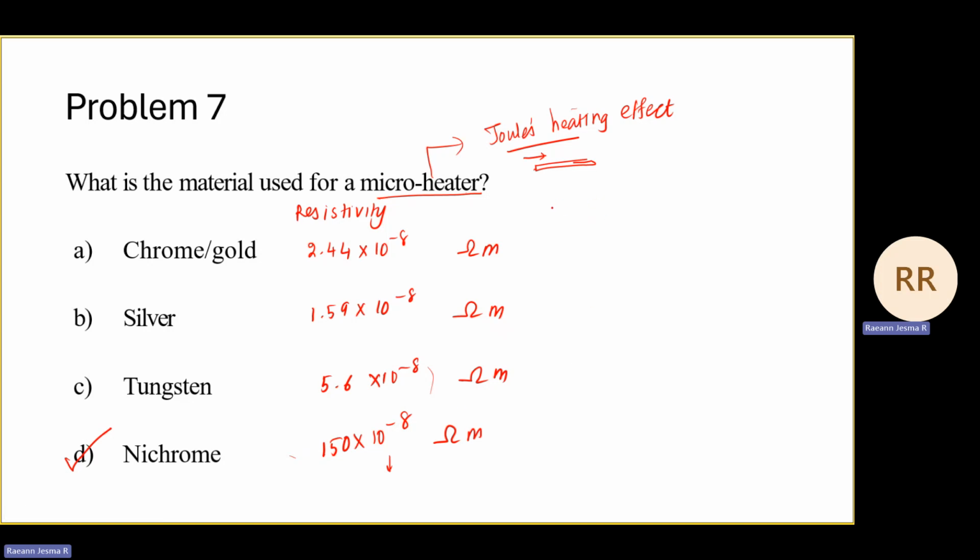Before we move on to the next question, I would like to tell something about the Joule's heating effect. We know that the resistance of a wire is R equals rho into L divided by A, where A is the area of the cross section of the conductor, L is the length of the wire, and rho is the resistivity.